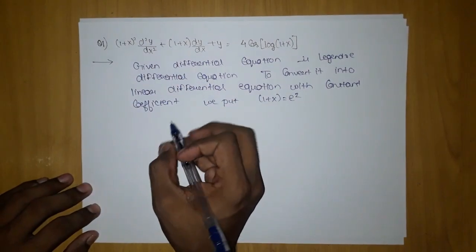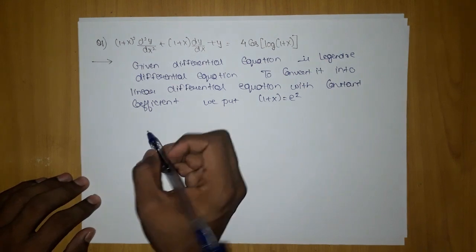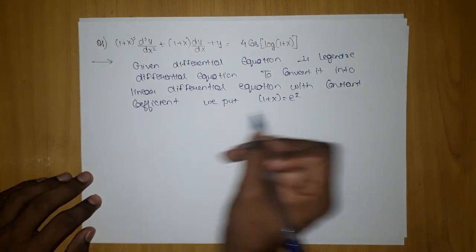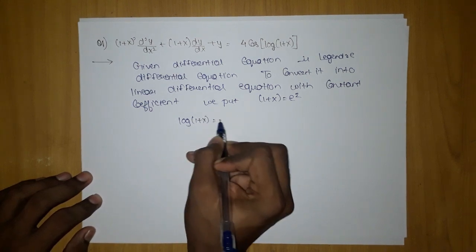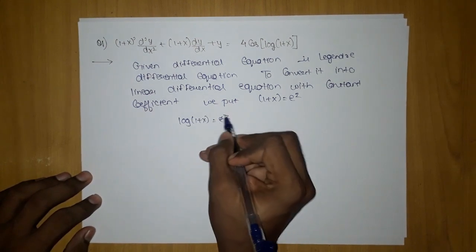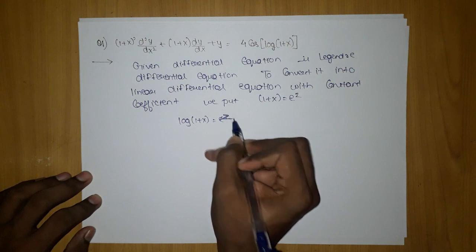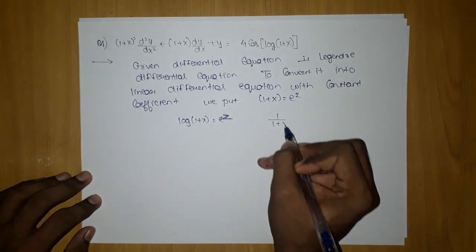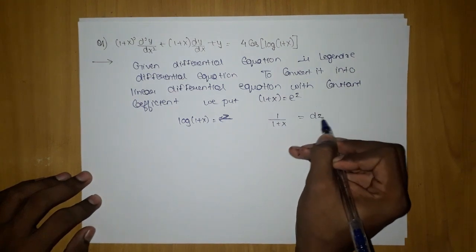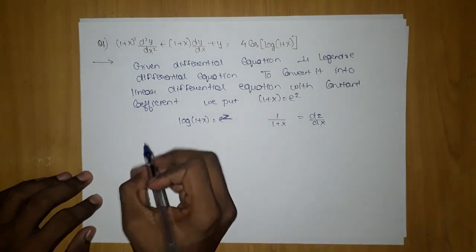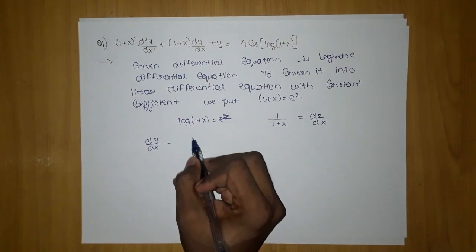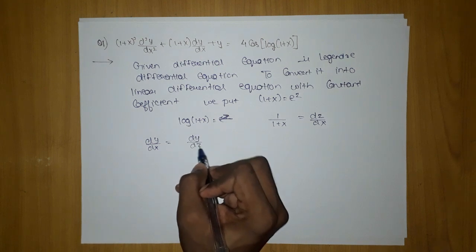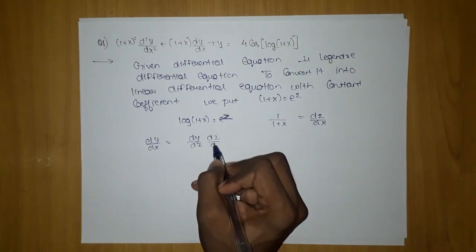So what we are going to do, we are going to take log, so we will get log 1 plus x equals z. If I differentiate, I will have 1 by 1 plus x equal to dz by dx. Now if I want to get dy by dx, it will be nothing but dy by dz into dz by dx. Agree?